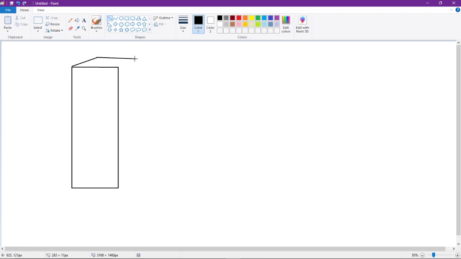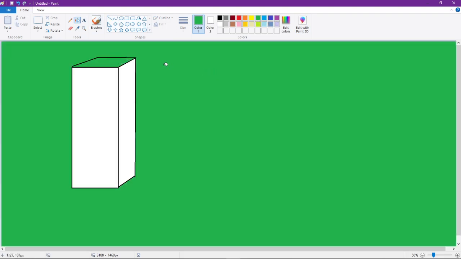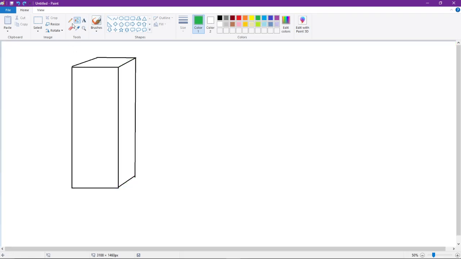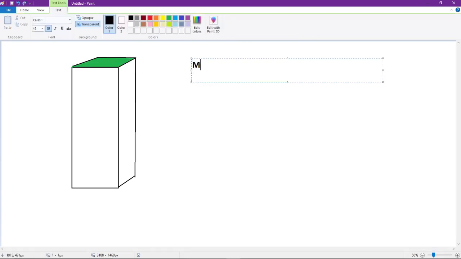So I'm making it a 3D block of a muscle, which will help us calculate the actual tensile force generation. I'm taking a transverse section, and this green part represents the morphological cross-sectional area of the muscle.